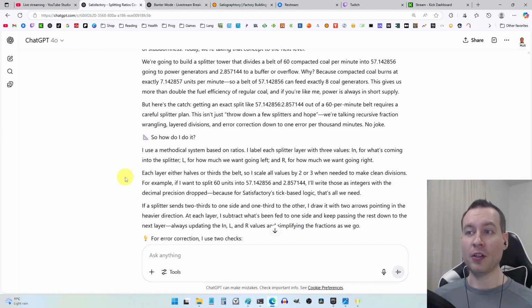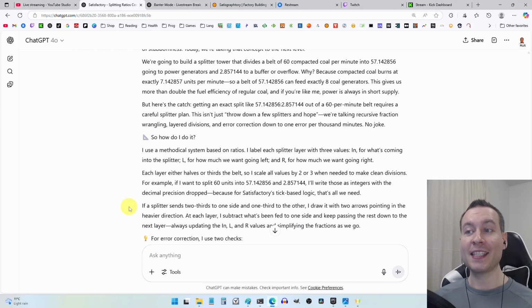For example, if I want to split 60 units into 57.14286 and 2.857144, I'll write those as integers with the decimal precision dropped, because for Satisfactory's tick-based logic, that's all we need.